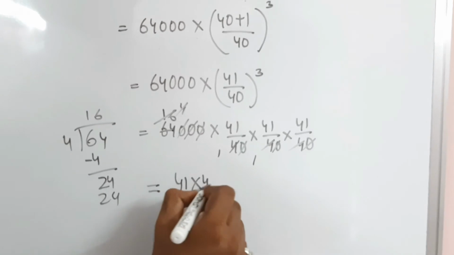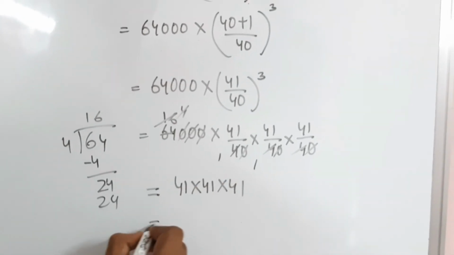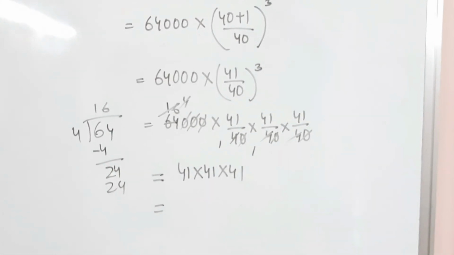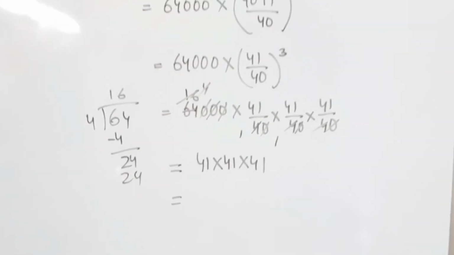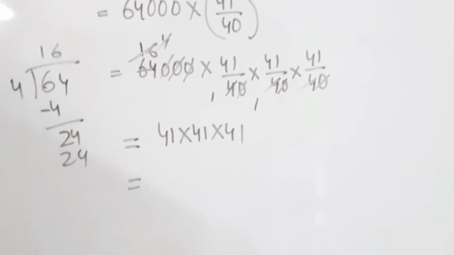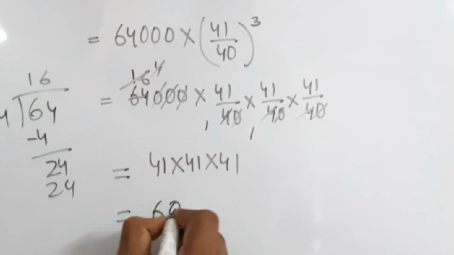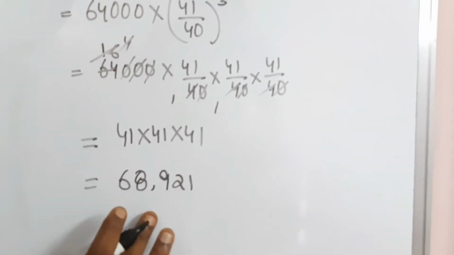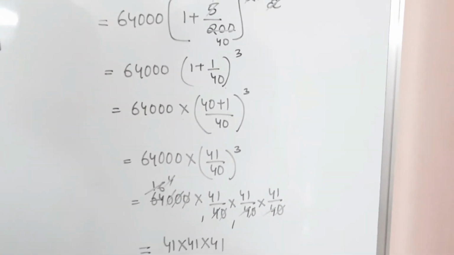So 41 into 41 into 41. How much is it, students? 41 into 41 into 41 is 68,921. What is this, students? 68,921 is the amount.